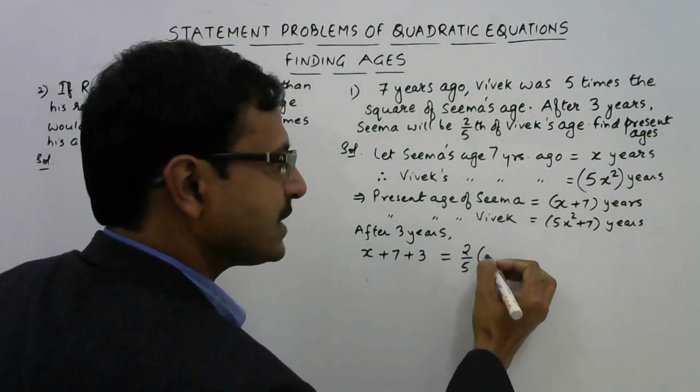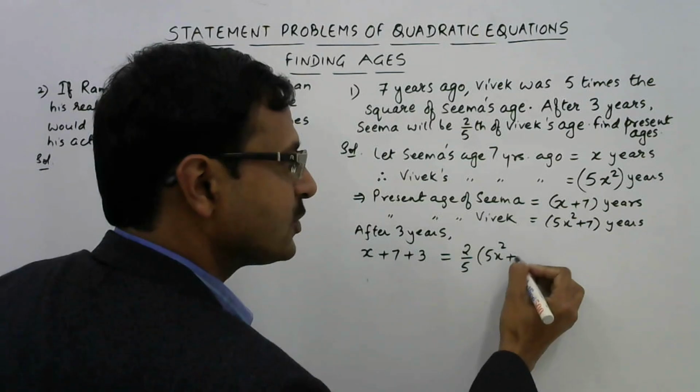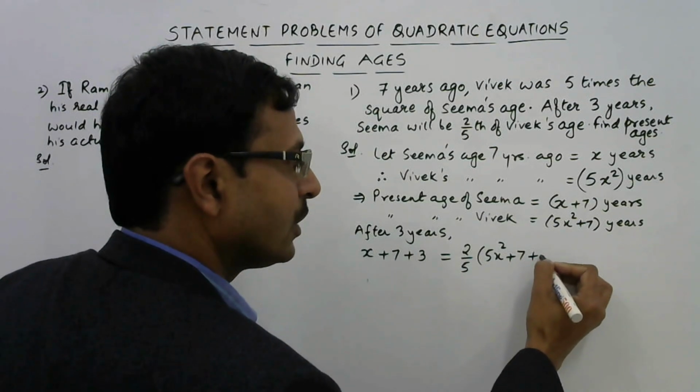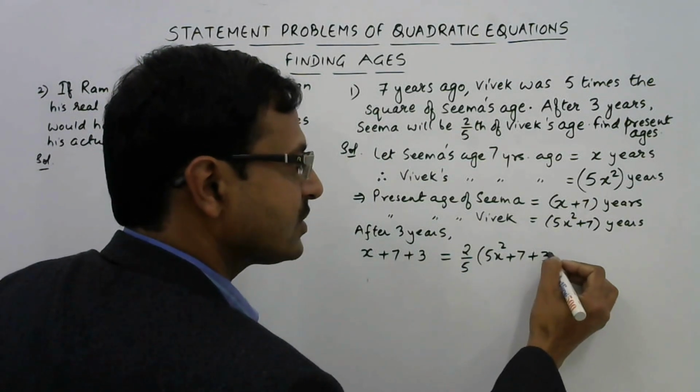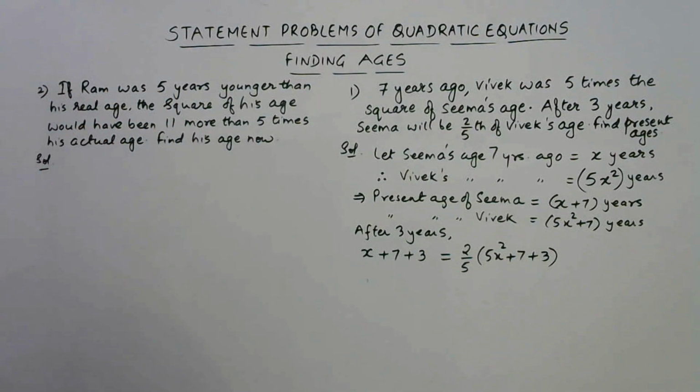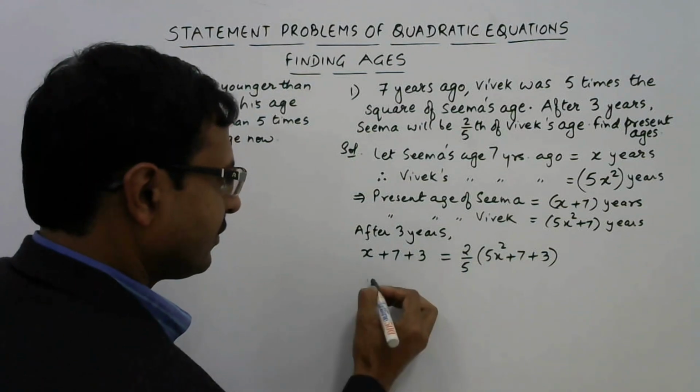Now Vivek's present age is 5x square plus 7, so after 3 years he will also be 3 years older. So this is the equation which we have to solve to get to the answer. And I'm sure if you know the formulation of the equation, the rest of the things will be very, very easy for you.